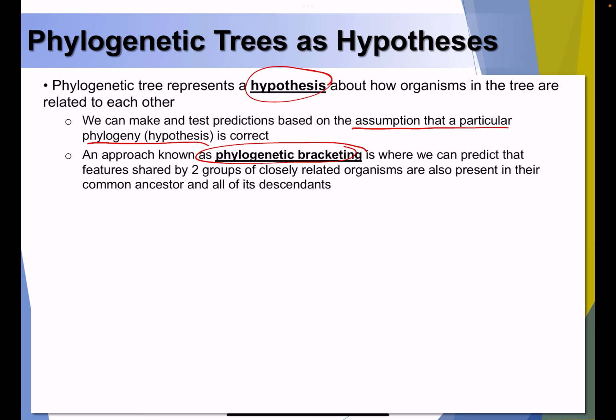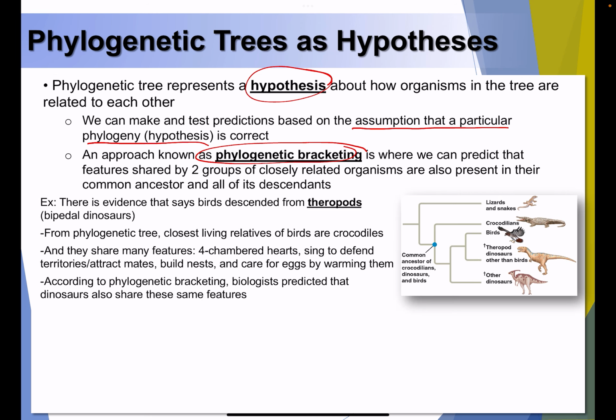That's why they're closely related, because they should have these common features, whether it be traits, morphological homologies, or molecular homologies. They should be similar. That's how they were placed in the phylogenetic tree.